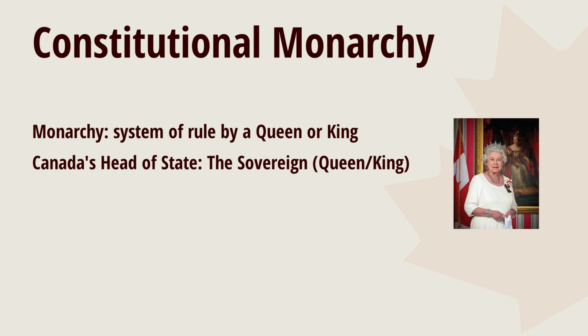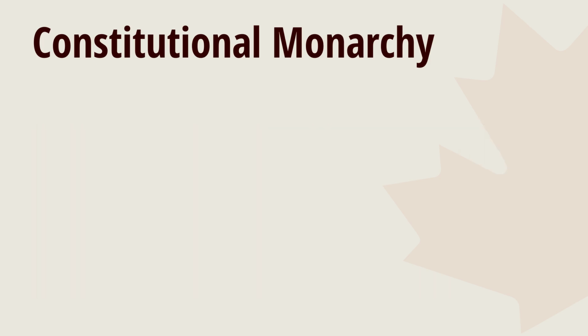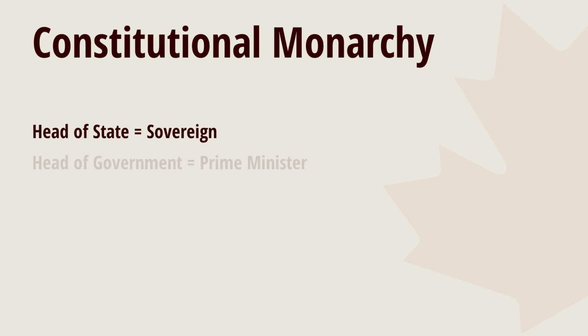It is important for your test that you know there is an important difference between our head of state, who is the sovereign, and the head of government, who is the Prime Minister. The Prime Minister directs how the government runs. The sovereign, as a king or queen of England, of course, does not live in Canada and does not run our government.